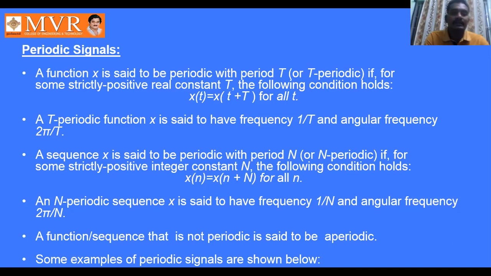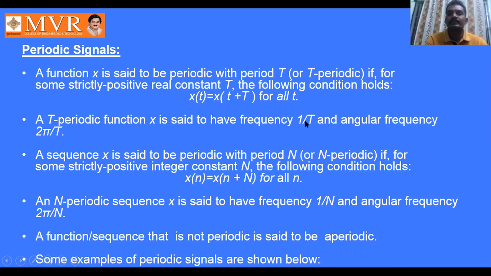Next, a periodic function x is said to have frequency 1 by T. F equal to, it is nothing but the reciprocal of the time period, that is 1 by T. And angular frequency, which is represented by omega, omega equal to 2 pi f.